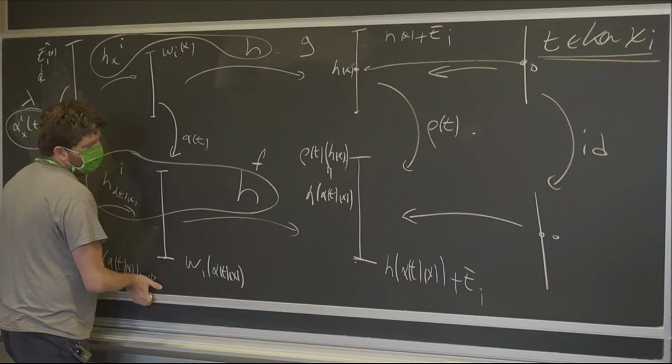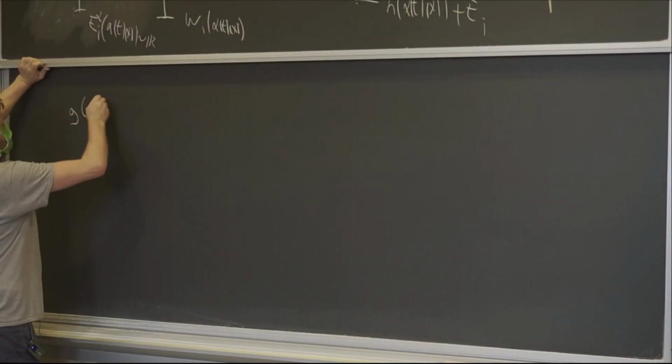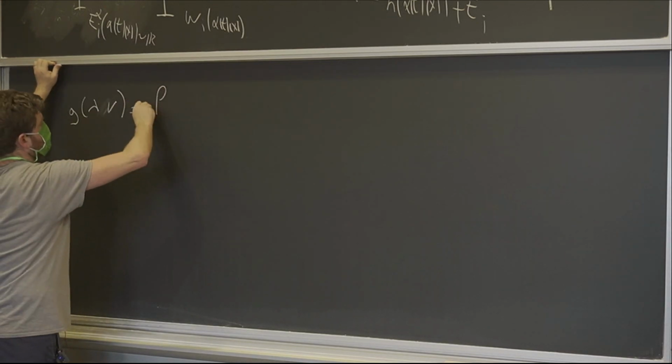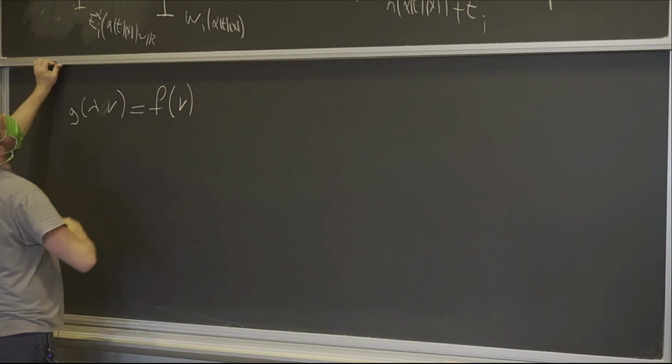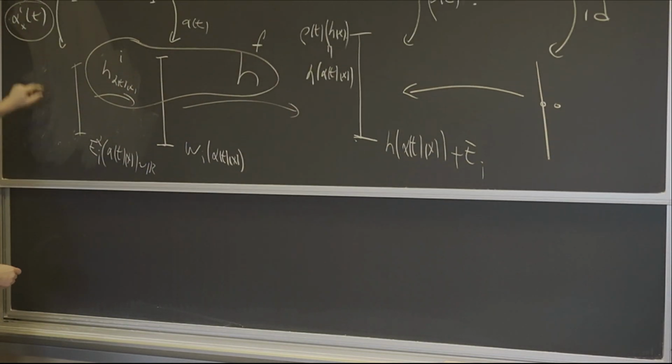So the equation becomes G of lambda v equals F of v.